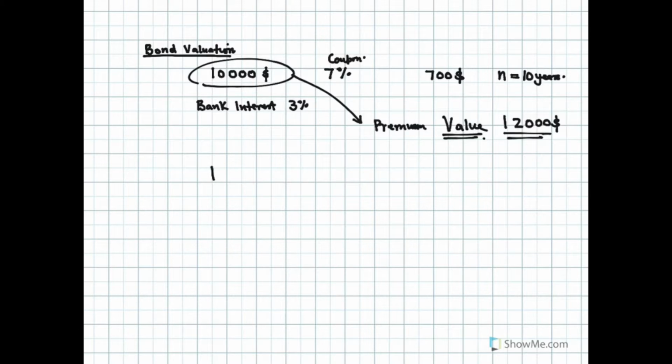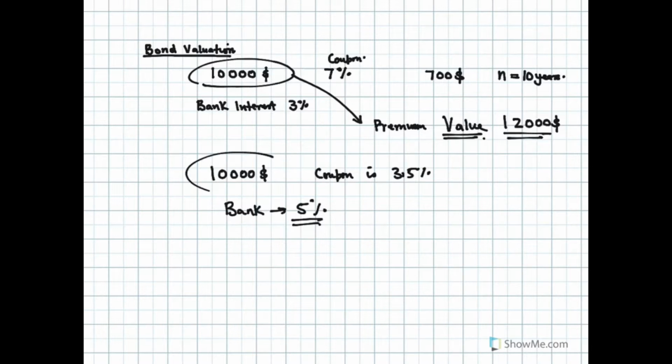Imagine the bond is worth $10,000, but the coupon they're paying is only 3.5%, while the bank interest, if you put it in the bank, is 5%.